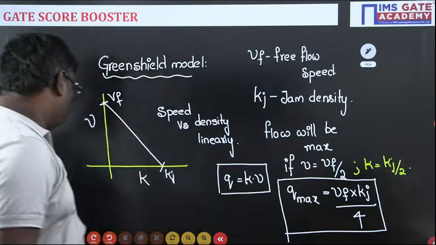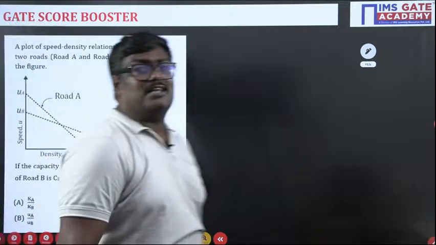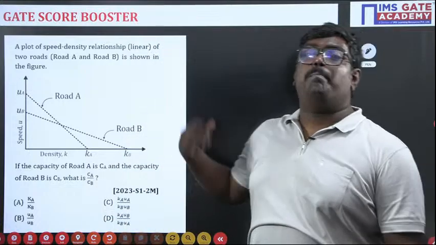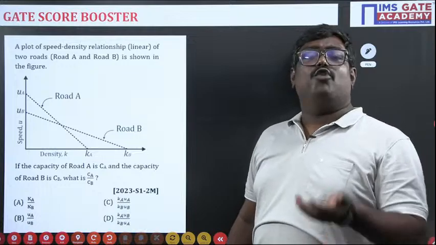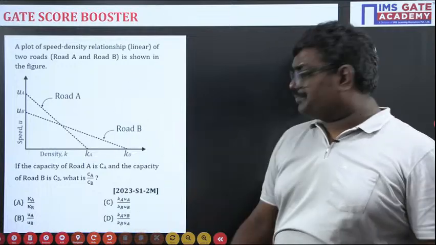So here see students, capacity they have asked you. Traffic flow per lane is nothing but capacity.